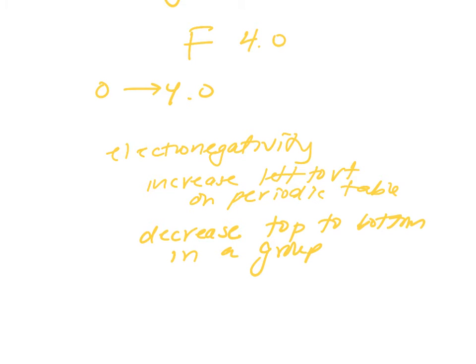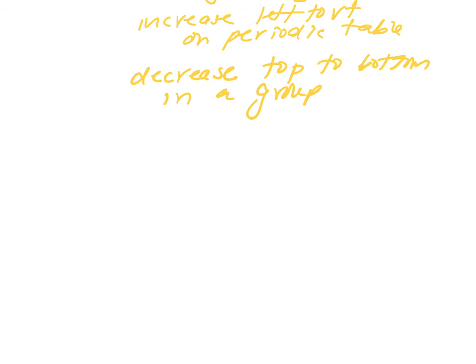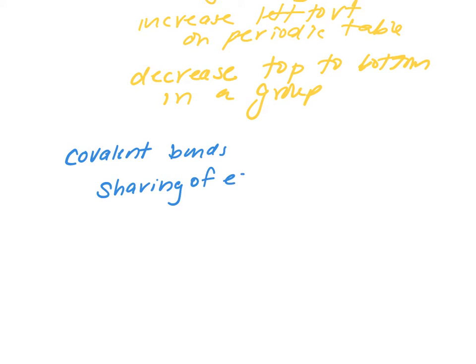All right. So what we're going to do is use these electronegativity values to determine the polarity of a bond. All right, so remember, we're dealing with covalent bonds where you have a sharing of electrons. There are different types of covalent bonds.